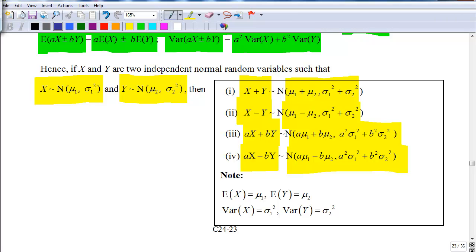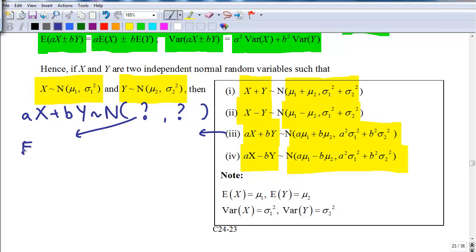Now let's say we want to look at part 3, or rather this equation in the box that you see, and I know that aX plus bY, as long as your X and Y are independent normal random variables, then the end product is still going to be normal. So I want to figure out what this is and what this is. Now this here is actually the expectation or the mean of this random variable.